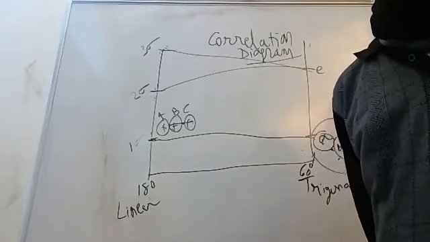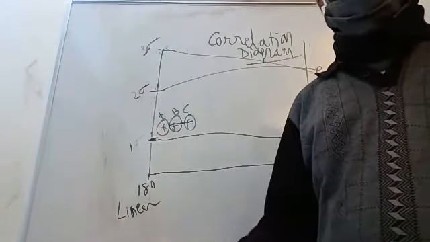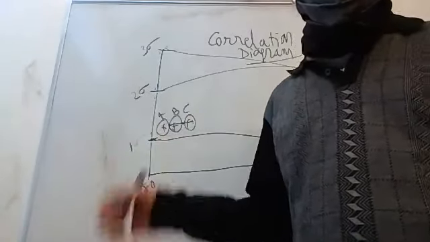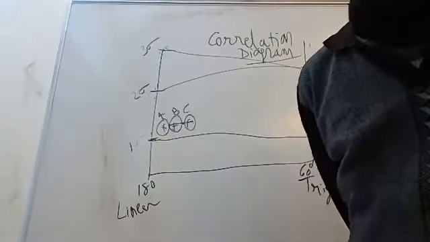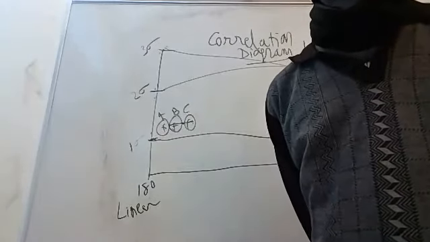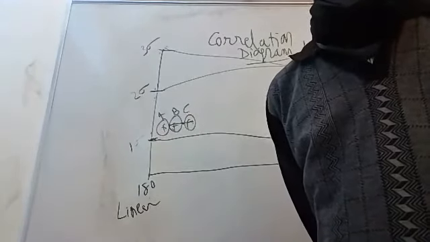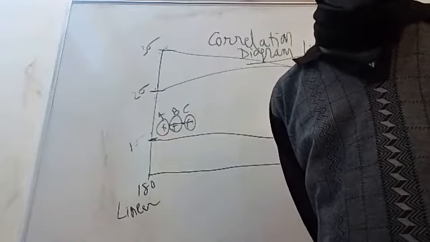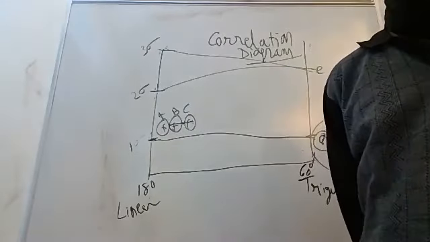Of course, there are two ways of doing it. You can do it mathematically, or you can do it qualitatively, which is what we are doing in the inorganic chemistry class. All right, does it make sense? Questions?